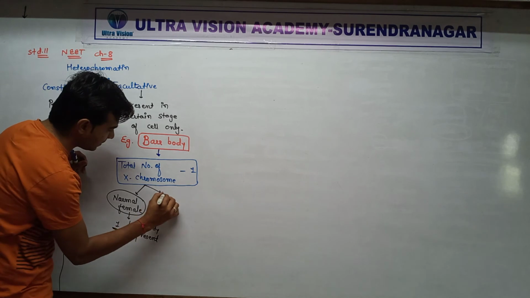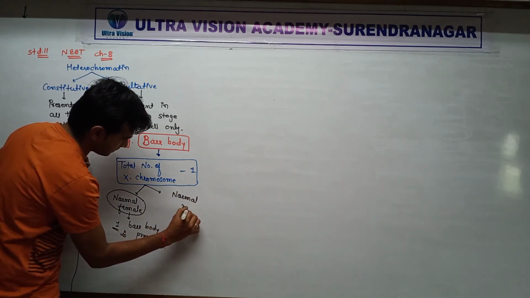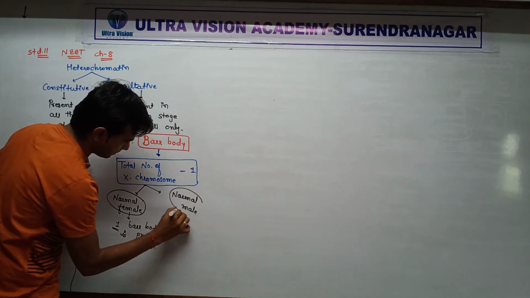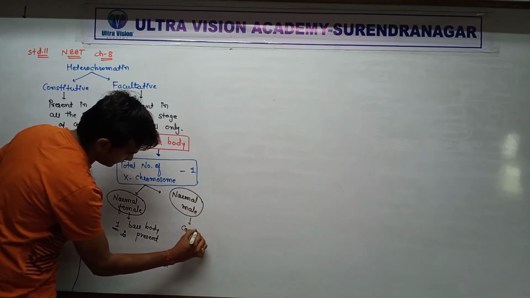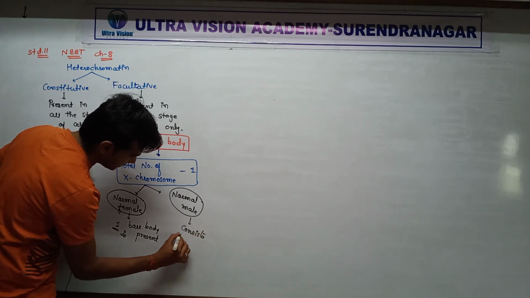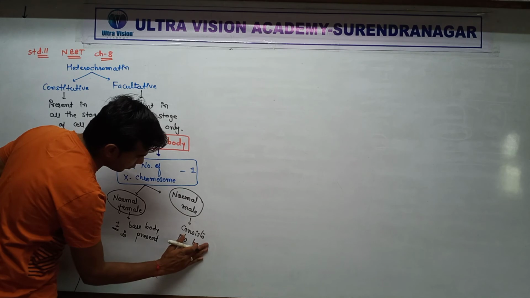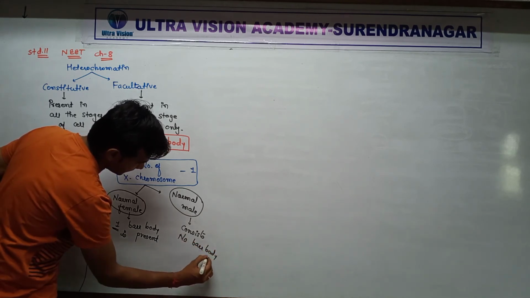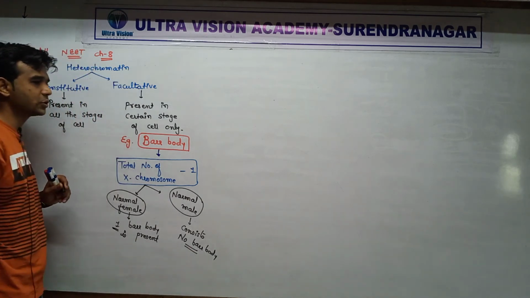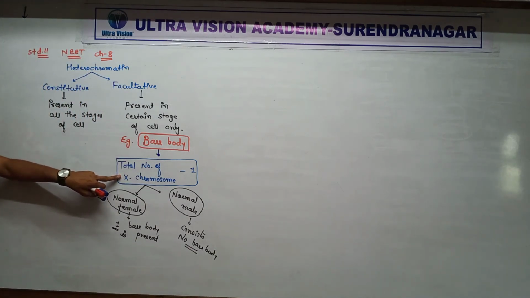Fine. And normal male consists of no bar body. Why? Because normal male consists of only one X chromosome.